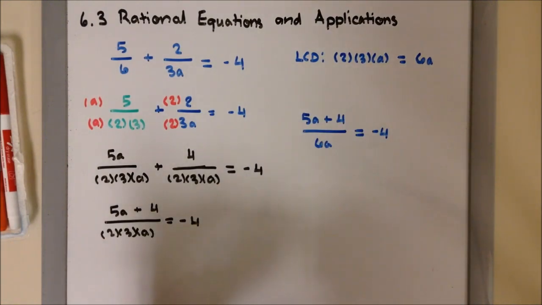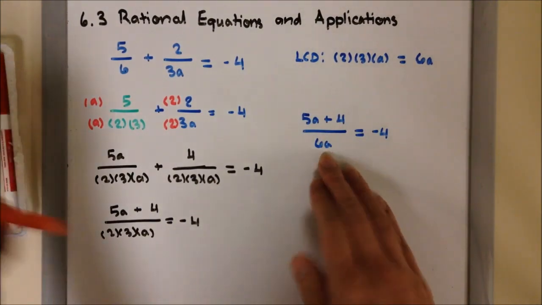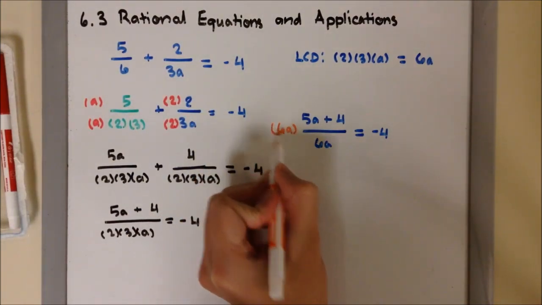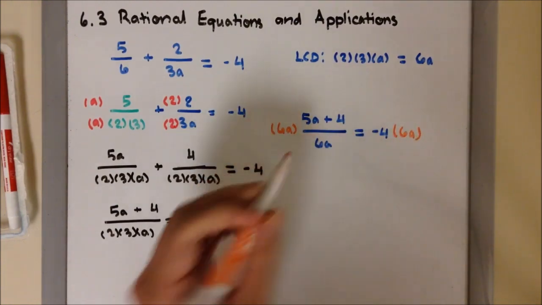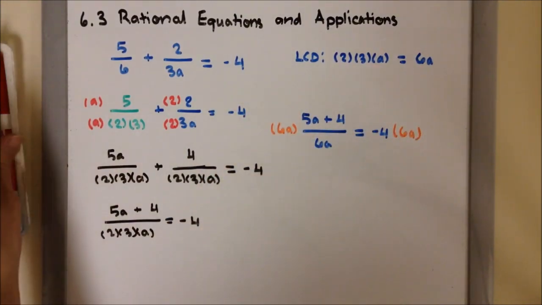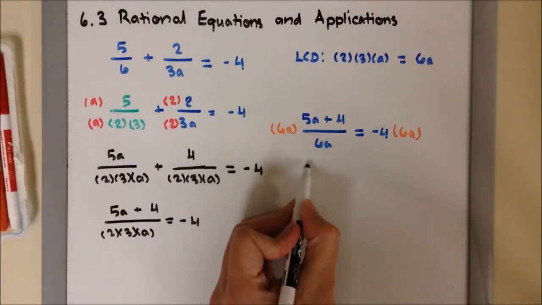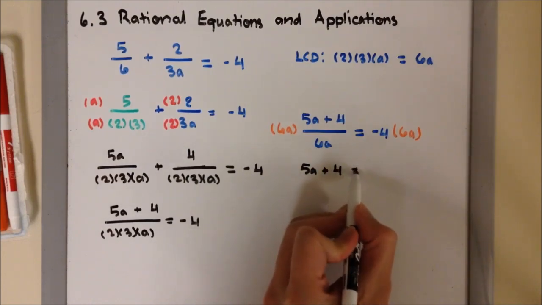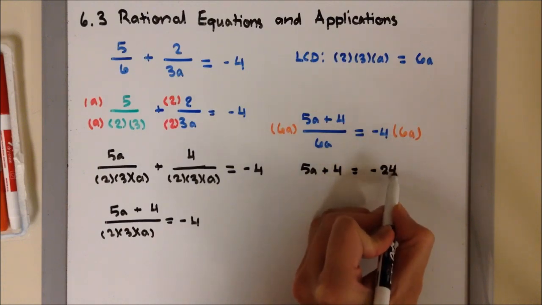Now since we have a fraction on the left side, I'm going to multiply both sides by 6a. That way, this will divide, and I won't have any more fraction. So what we're going to have is 5a plus 4 equals negative 4 times 6a, which is negative 24a.